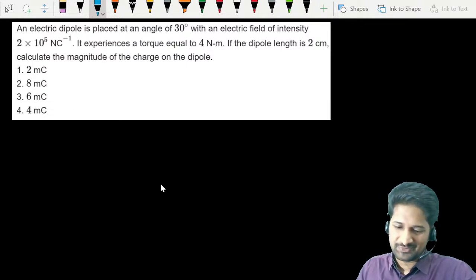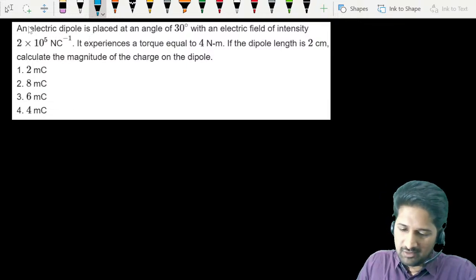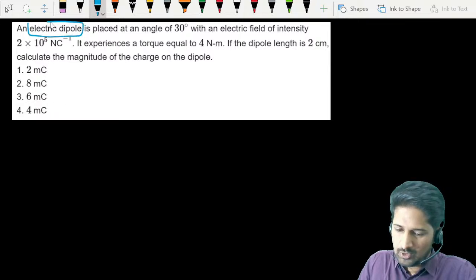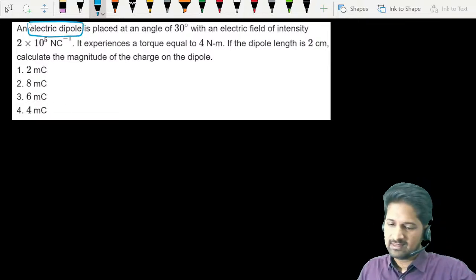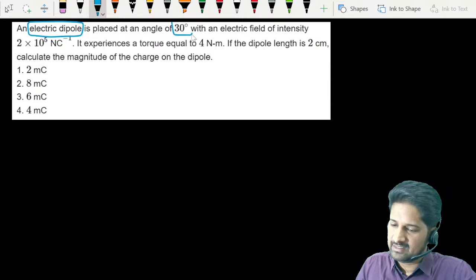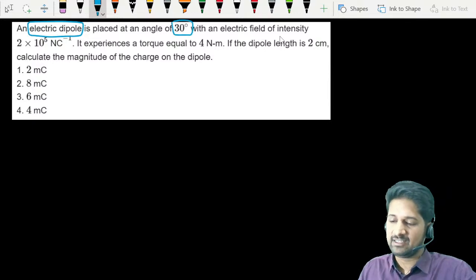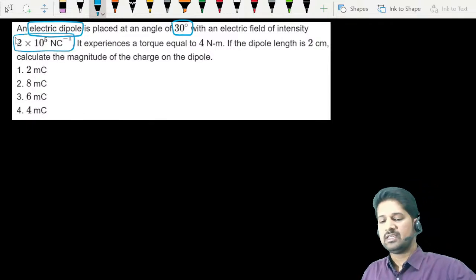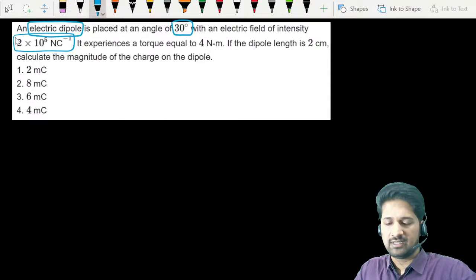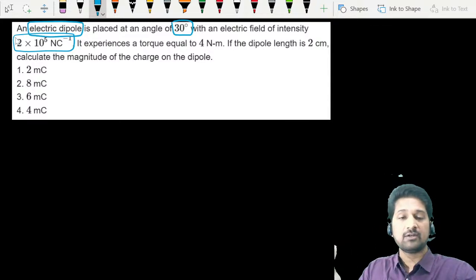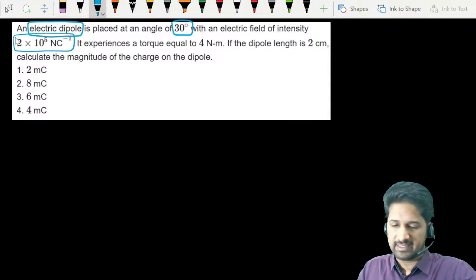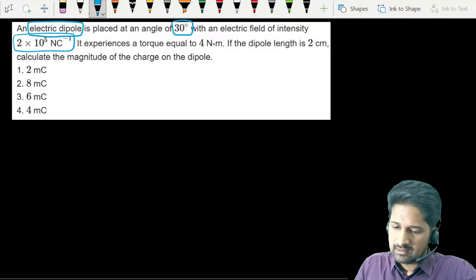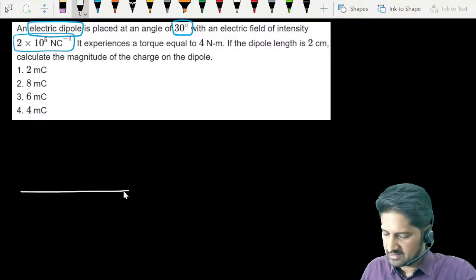नेक्स्ट क्वेश्चन. An electric dipole, this question is related to dipole, is placed at an angle 30 degrees with an electric field of intensity 2 into 10 power 5 Newton per Coulomb. So they have given you the magnitude of electric field and the angle at which a dipole is aligned with this electric field. Let's assume the electric field is directed to the right.